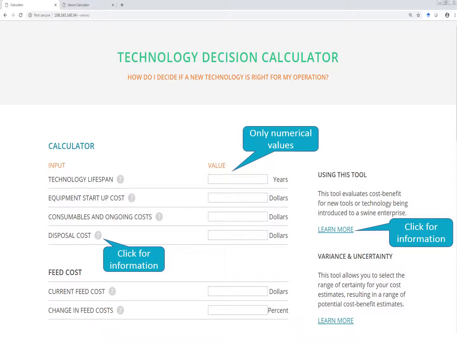Of course, each new technology is different. We understand that each new technology is different, but it is hoped that this background information will allow you to make an educated guess around your enterprise.